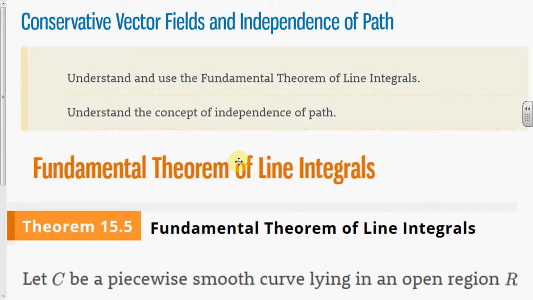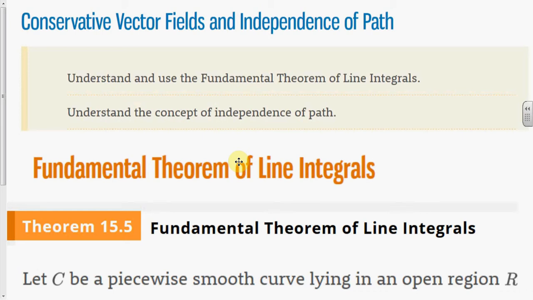One, if the vector field is conservative, then you can apply, as we'll talk about in just a minute, the fundamental theorem of line integrals. If the vector field is conservative, I can apply this theorem. That means I can get the line integral very quickly, without even computing the line integral.